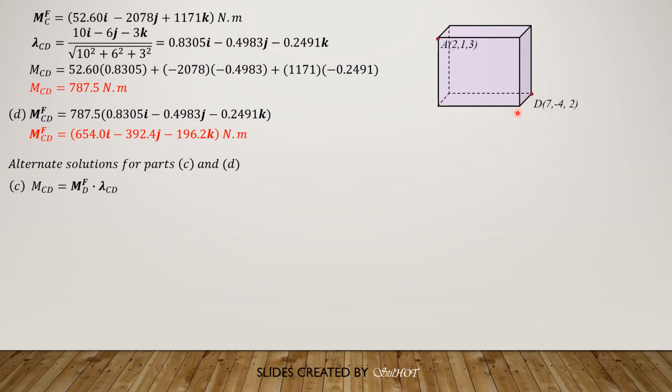So that means this is 5 units. So D is to the right. But negative 4 minus 1 is negative 5. So D should be below A, 5 meters below. And 2 minus 3 is negative 1. So that means D is at the back of A by 1 meter. So that's 5, then 1 meter.